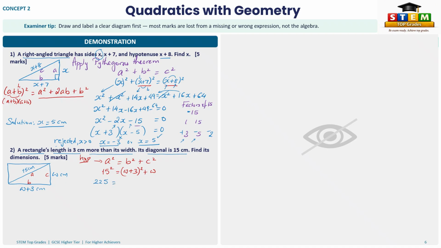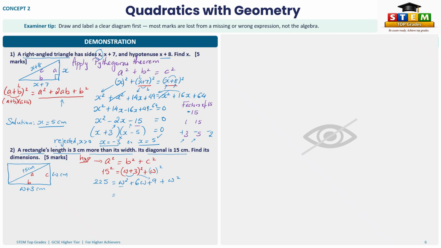And applying the identity that we talked about in the previous example, we're going to get the square of W, so W squared, and then you double the product here. 3 times W is 3W, double that up, and you're going to get 6W. It will be followed by the square of that, and that gives me 9. And here, don't forget, we have to square that too, so that's going to be W squared.